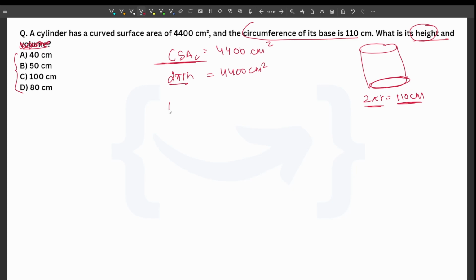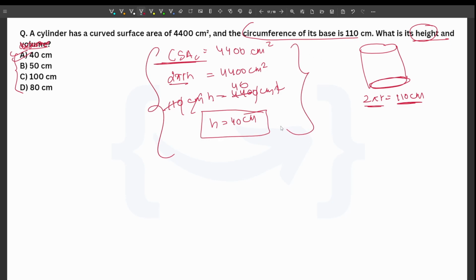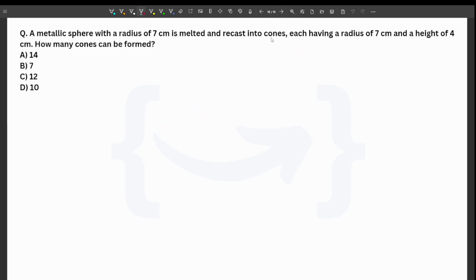So 2 pi r h equals 4,400 centimeter square. 10 will go away, 11 times 4, which is h, equals 40 centimeter. That is my height. Question is pretty easy. Just need to be attentive, and have hands-on experience of all the formulas, and area mensuration will be very easy for you.